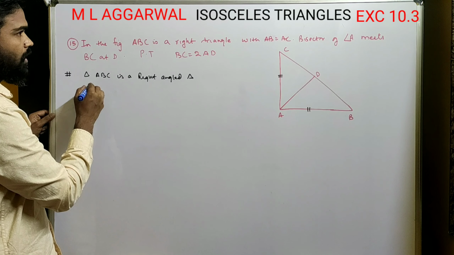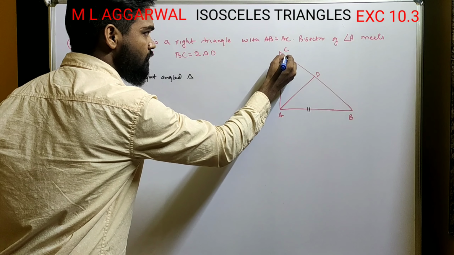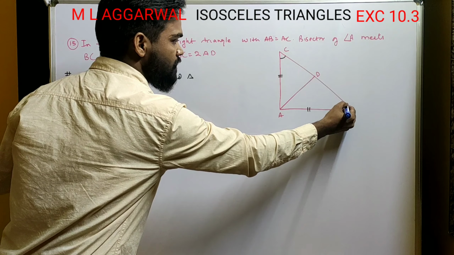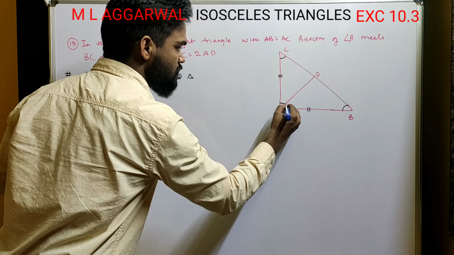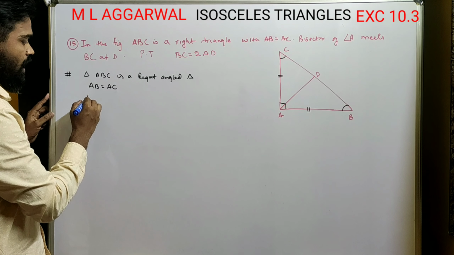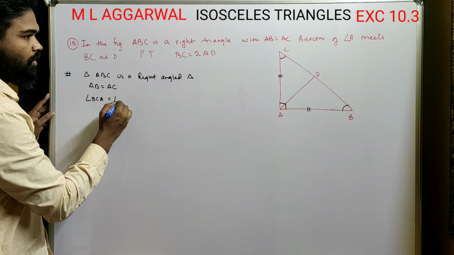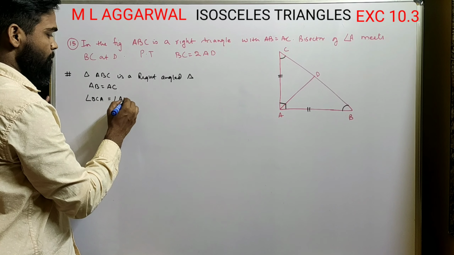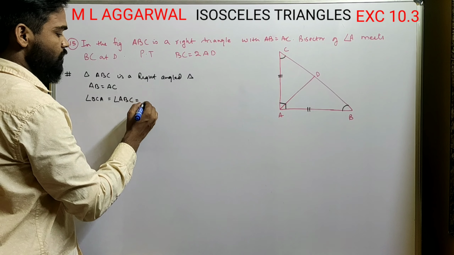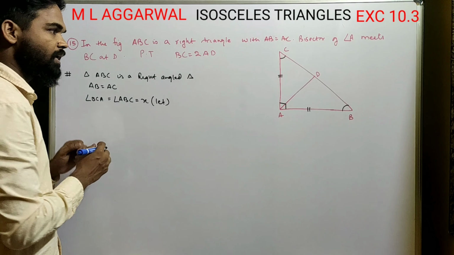And AB is equal to AC, which means this angle and this angle will be equal. And this is of course 90 degrees, isn't it? So we can say angle BCA will be equal to angle ABC will be equal to, suppose, X. Let. Why? Because they are opposite to equal sides, okay?